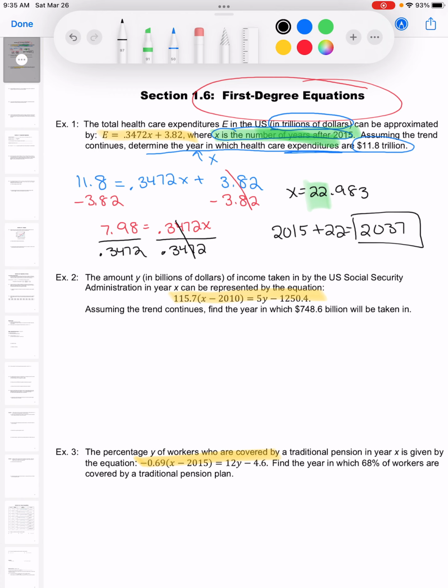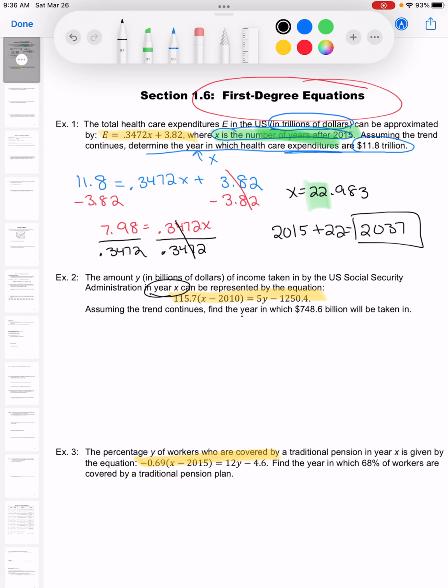All right, let's look at another example that's going to be very similar, except this time we're going to have to do a little bit more algebra. In this example, we're going to have to do a little bit of distributing with our work. So I've given you another equation. This time y is going to stand for our money, our billions of dollars, and x is the year here.